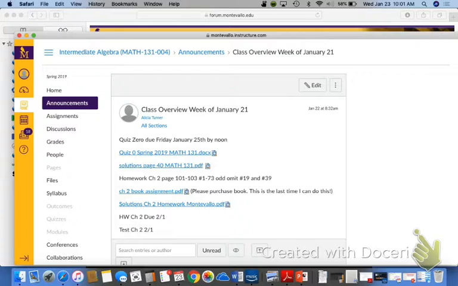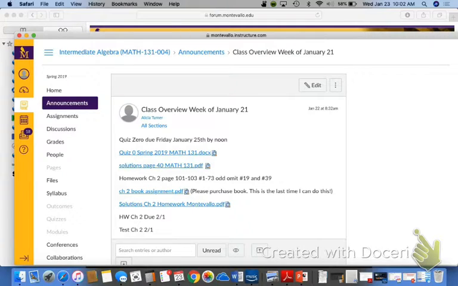This right here, Solutions, page 40, Math 131. That is that very first assignment that we did where we were adding and subtracting. There were some fractions in there. There was an order of operations. It was that assignment that I said was not going to be turned in for a grade or anything, but it was a good review for you.